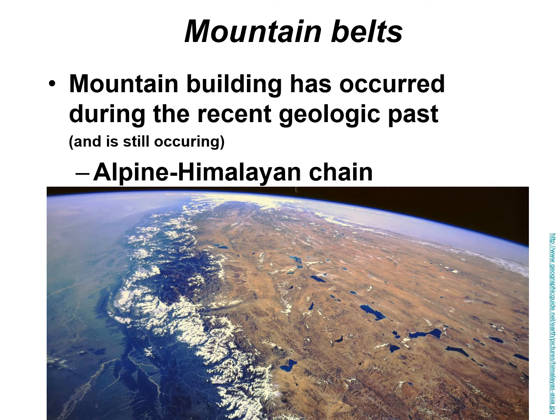Okay, so as far as examples of mountain building, a great example, of course, is the Himalayas, the tallest mountains on Earth. But if you follow the Himalayas westward, you go through the Hindu Kush of the Afghanistan region, the Zagros Mountains in Iran, the Anatolian Highlands in Turkey, and then over to the Alps.